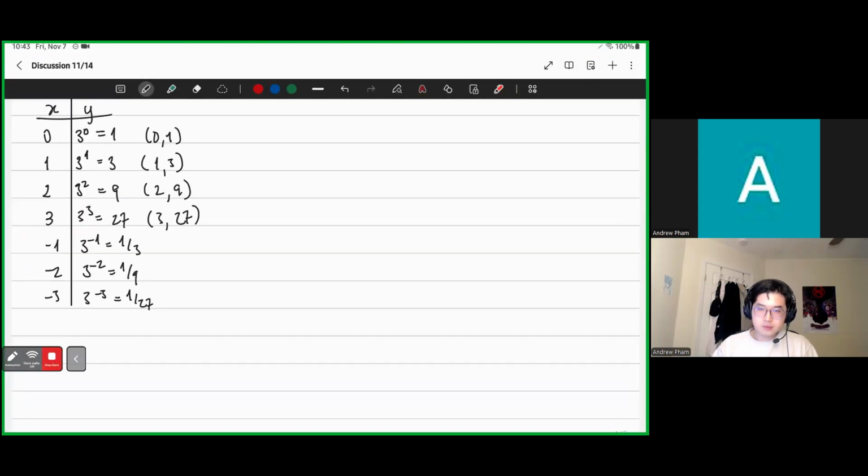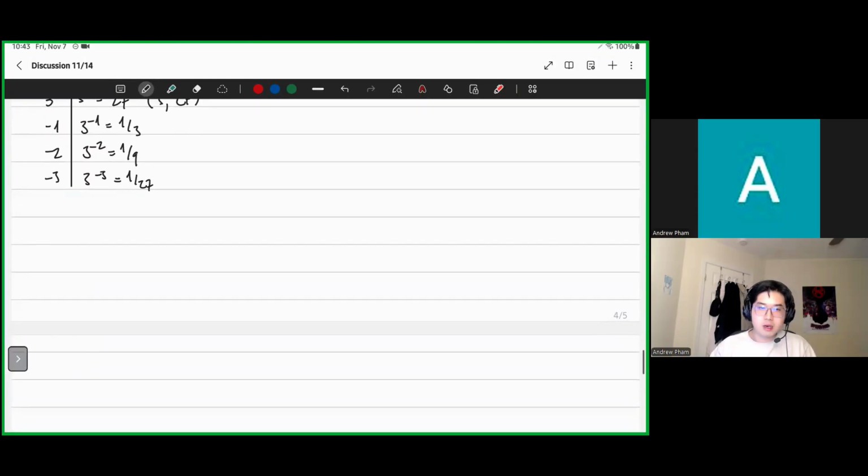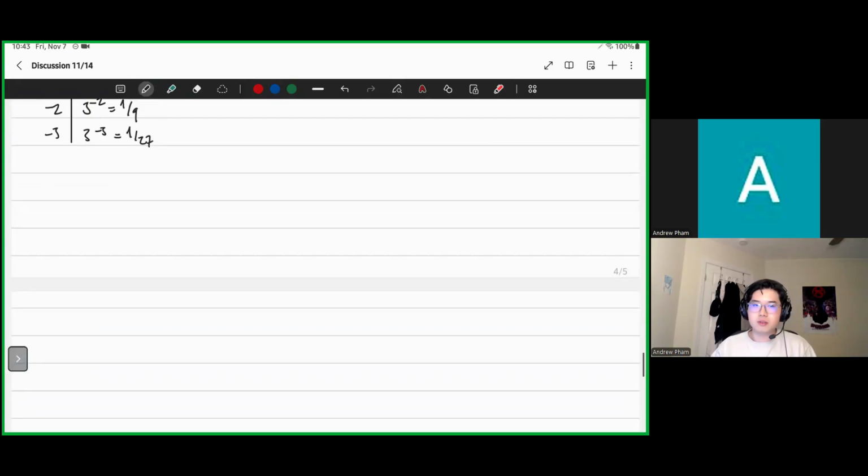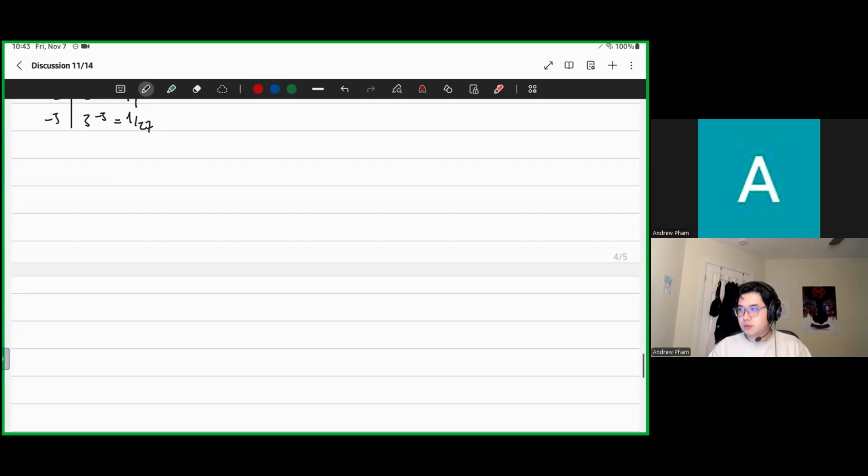With that in mind, let's now talk about logarithms. We have an exponential function, and we gave some definitions on how to graph it. But we also have the notion of a logarithm function.